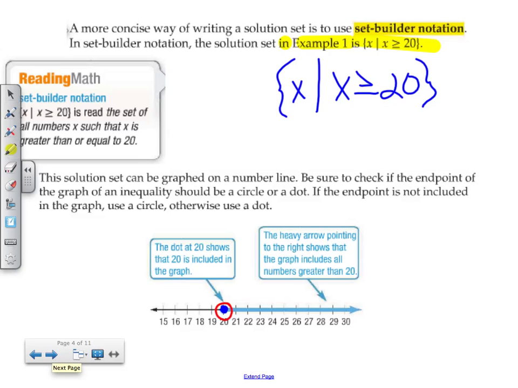But in this case, x is greater than or equal to 20, so it's all these numbers above 20. And that's how you'll graph it. Make sure you remember that you're supposed to have arrows on each end. And you don't have to start at 0 on your number line, but you do have to have a couple of numbers on either side to let us indicate which way you're headed with it.